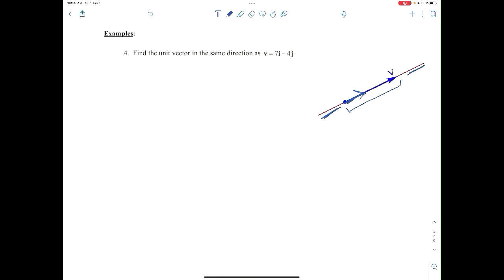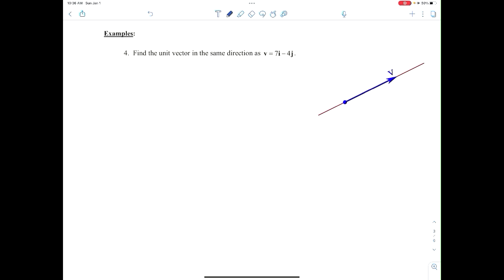So we're looking at the same direction as this vector v, which is 7i minus 4j, but we're only going to find the unit vector, so one unit in that direction. What would the components be, the i and j, showing us just one unit moving in that direction?